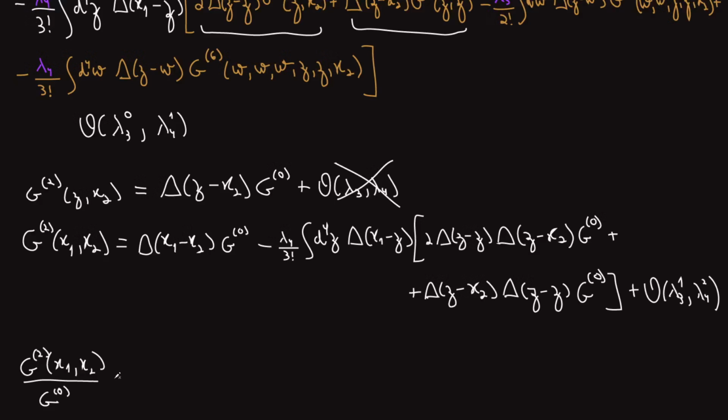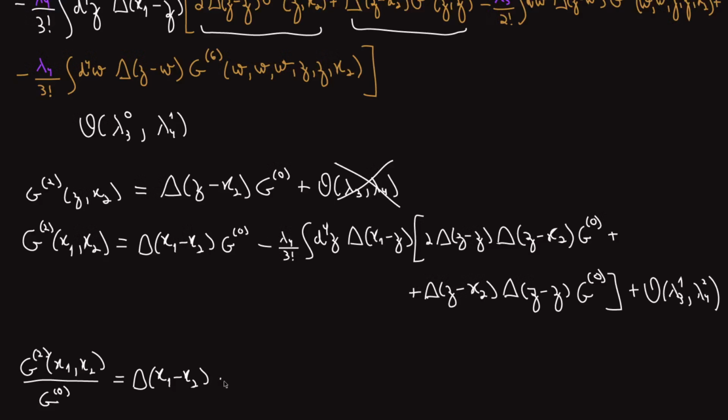And then I can write this thing more explicitly as delta x1 minus x2. You see this and these are the same, so there's a factor 3 here that cancels out the other one.